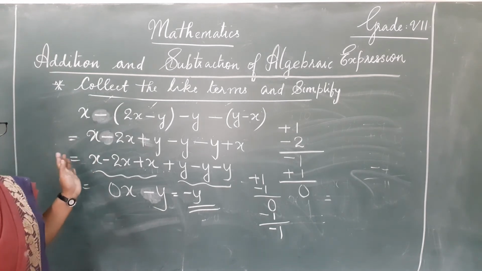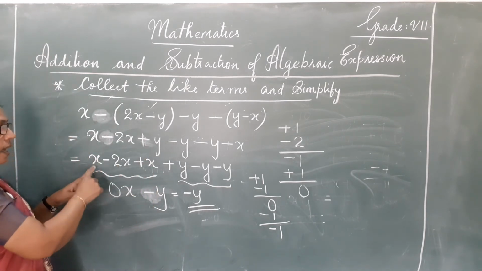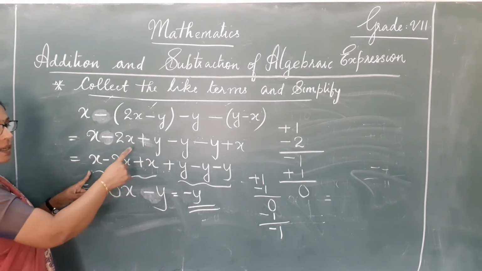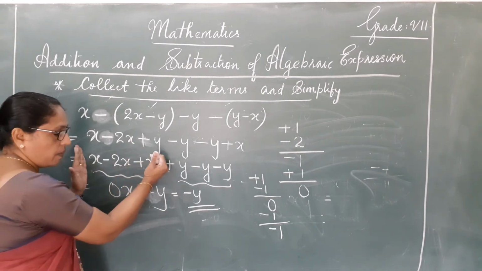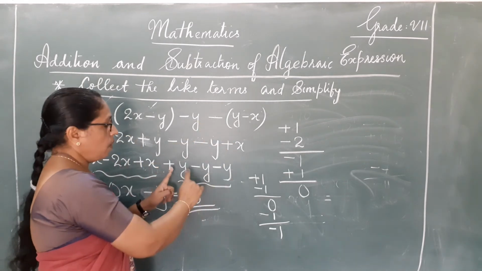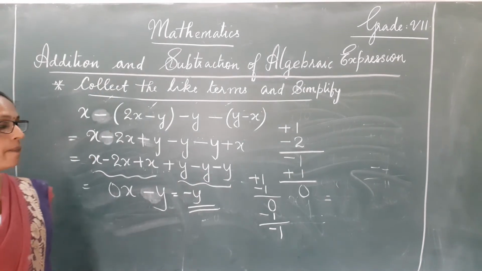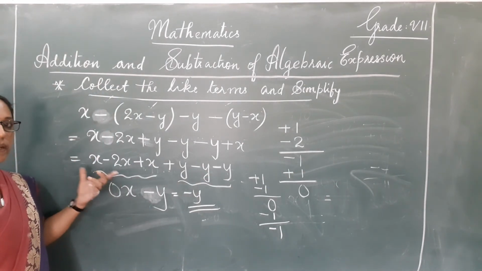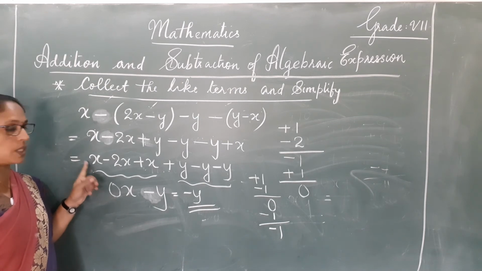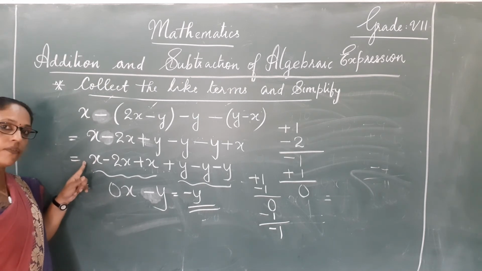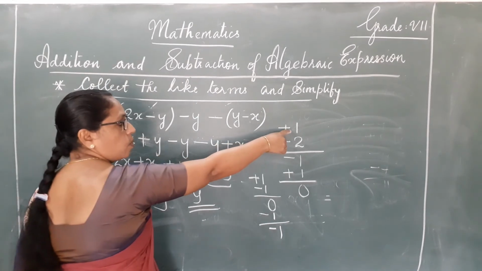After opening the bracket, collect the like terms. x minus 2x plus x, one group of like terms. Another group, y minus y minus y, second set. Now take the numerical coefficients. What is the numerical coefficient of x? That is positive 1.